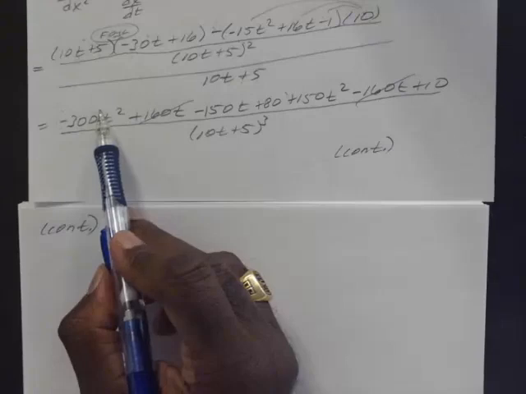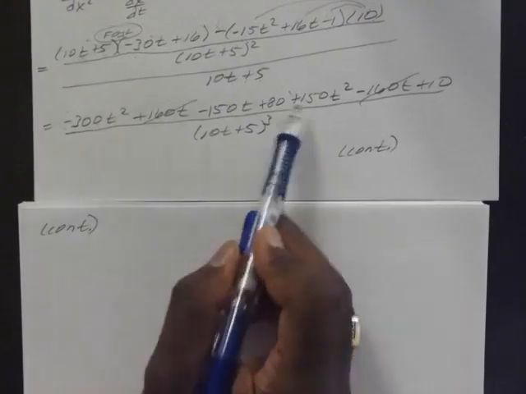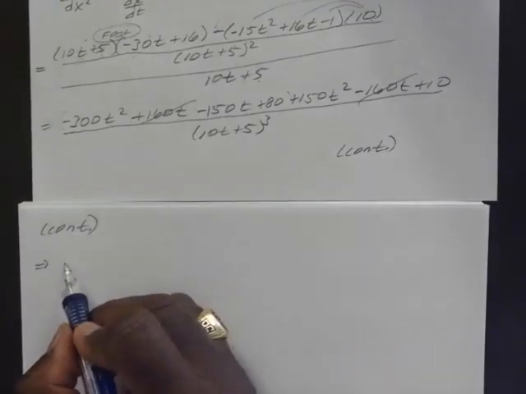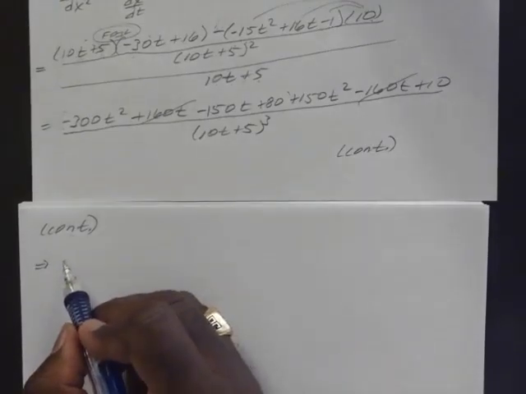Okay, so if we combine our negative 300t squared plus 150t squared, we'd end up with negative 150t squared.